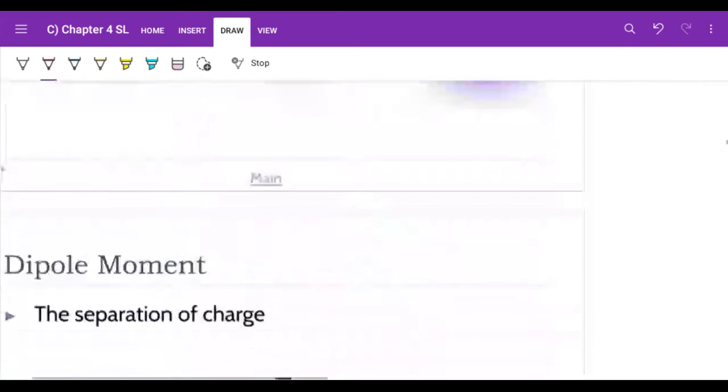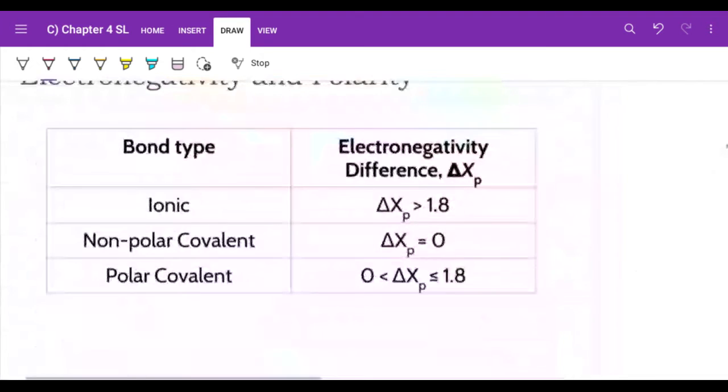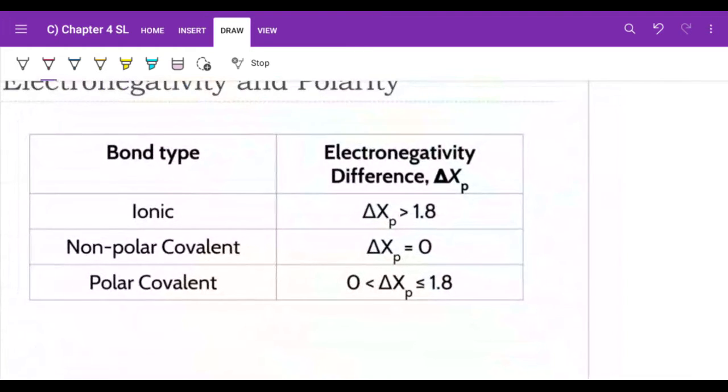Now refer to my table. If the value of electronegativity difference is 0 to 0.4, this molecule is non-polar covalent. Remember that covalent bond has non-polar and polar bond.